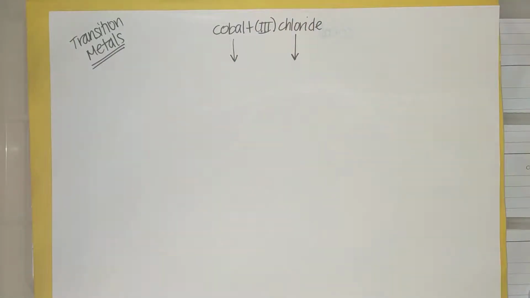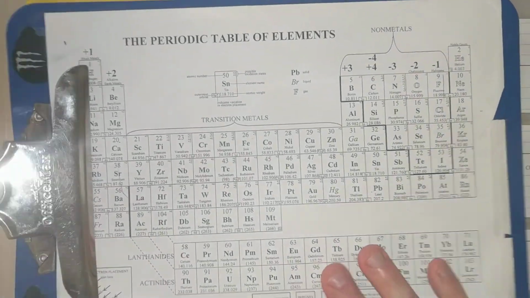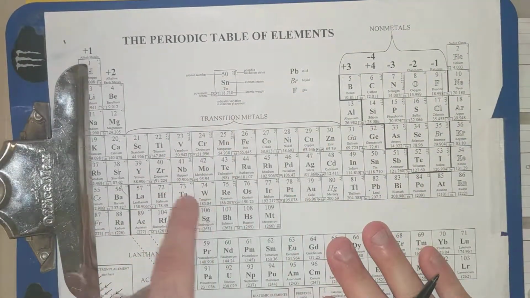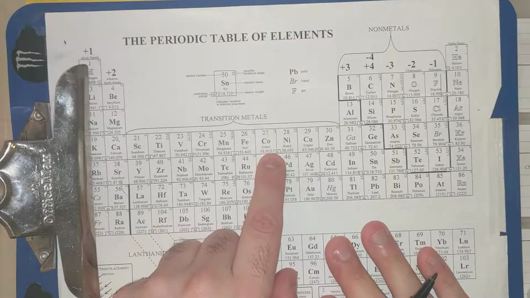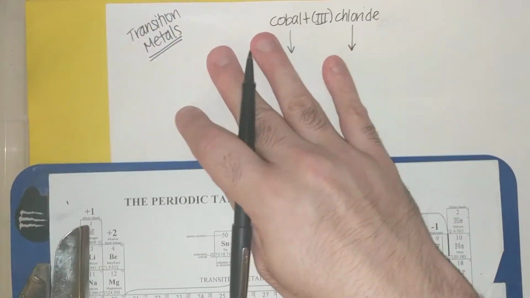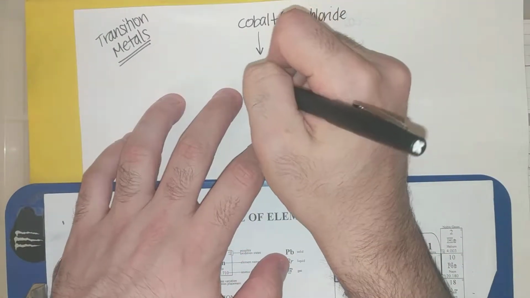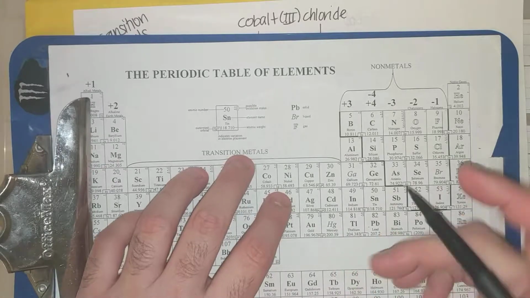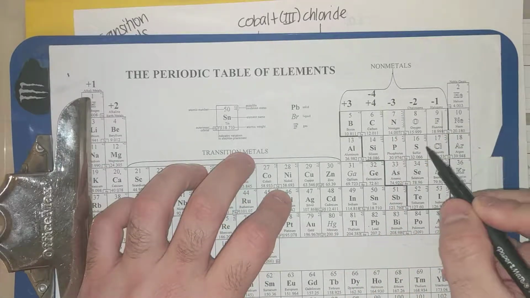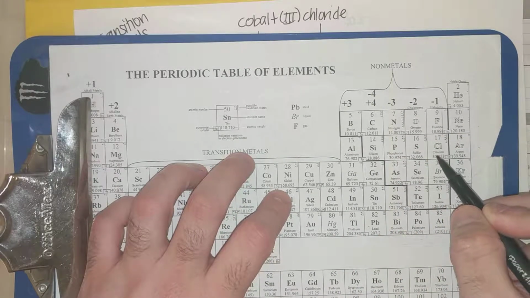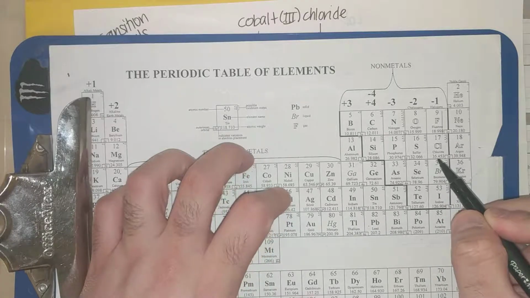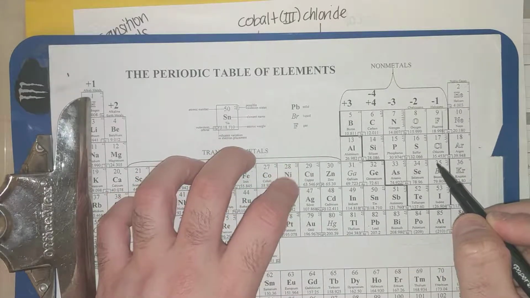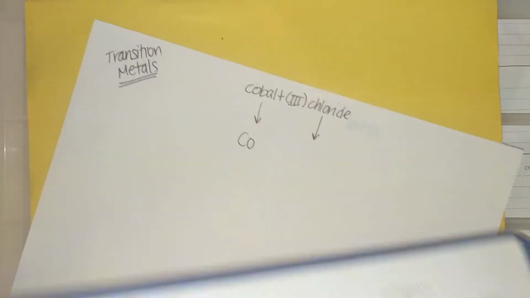If I look on the periodic table for cobalt, cobalt is Co. I'm going to write that, Co. And chloride comes from chlorine, which is Cl. It says chlorine here, but when I name it in a compound, it becomes chloride. So I'm going to write Cl.